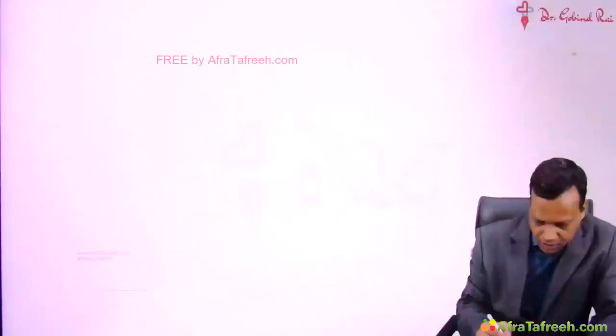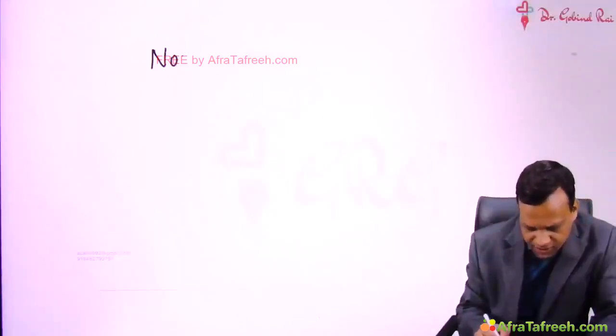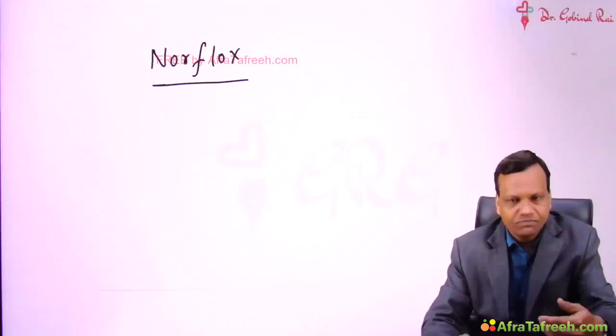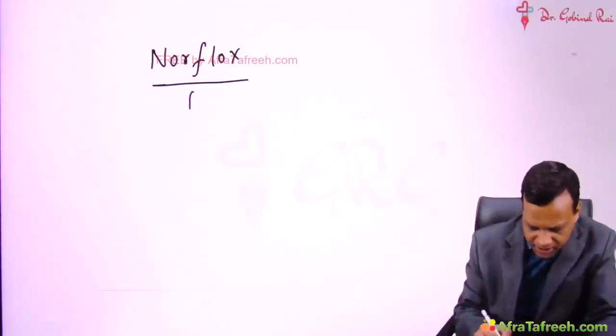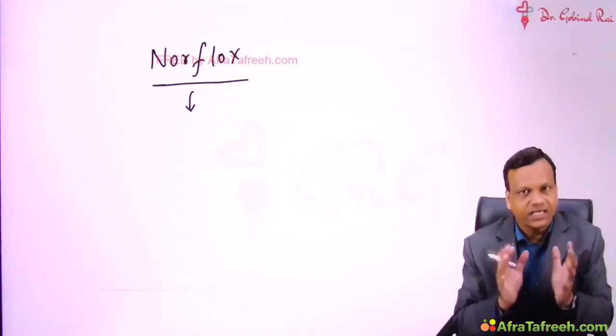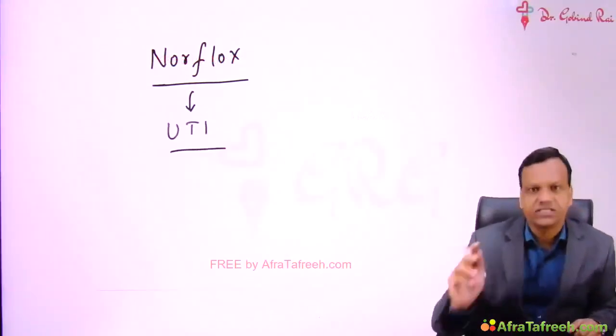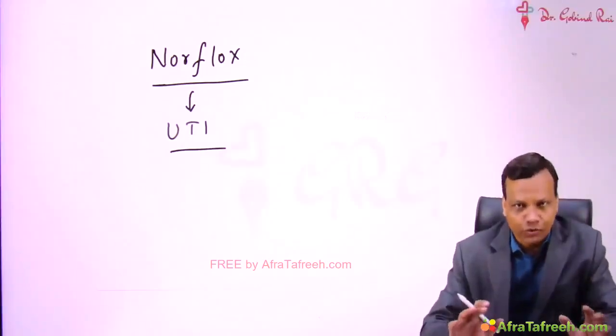Now moving to important points regarding the individual fluoroquinolones. The first one is norfloxacin. Norfloxacin is mainly excreted by the kidney. So when we give norfloxacin, it is concentrated in the kidney, in the urine, so it is used for urinary tract infections. Norfloxacin is used for UTI.